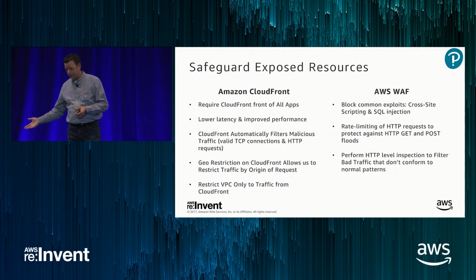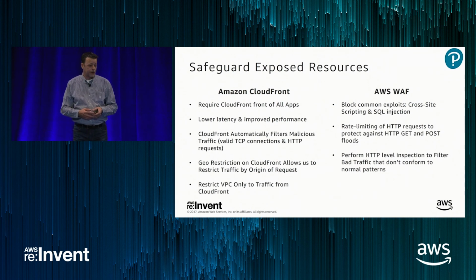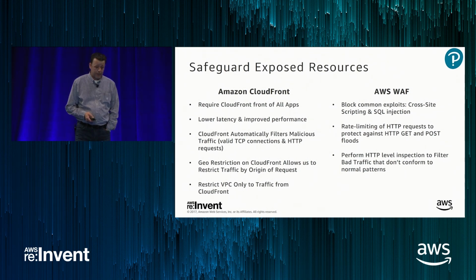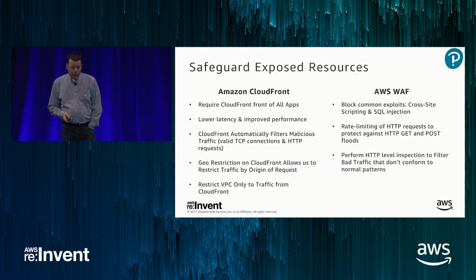We don't have students in China. So geo restriction is something easy that we can put a switch on and say, we don't want any traffic coming from outside the US, we don't want to see it. And one of the Amazon best practices is to restrict VPC-only traffic from CloudFront as well.